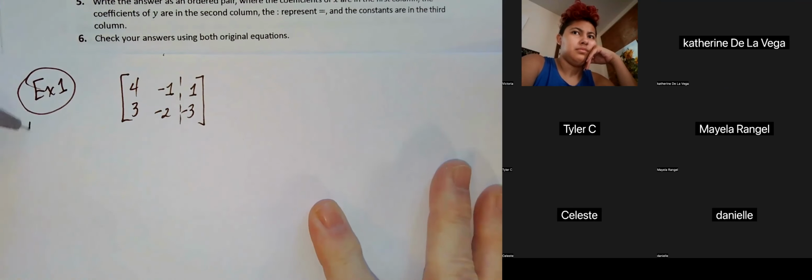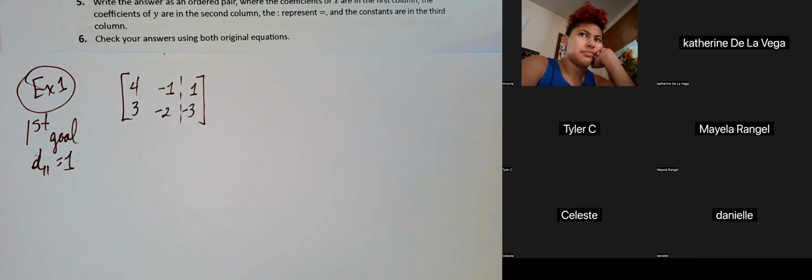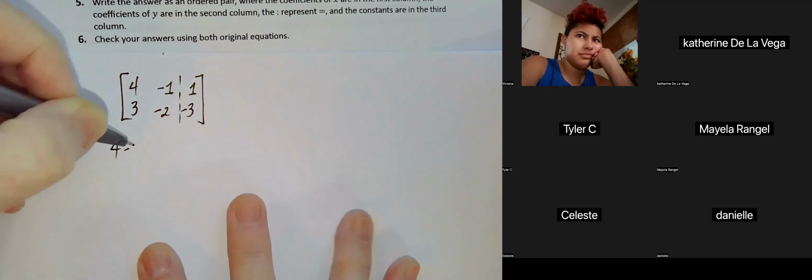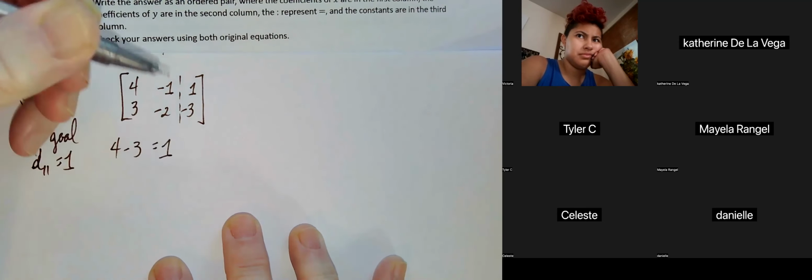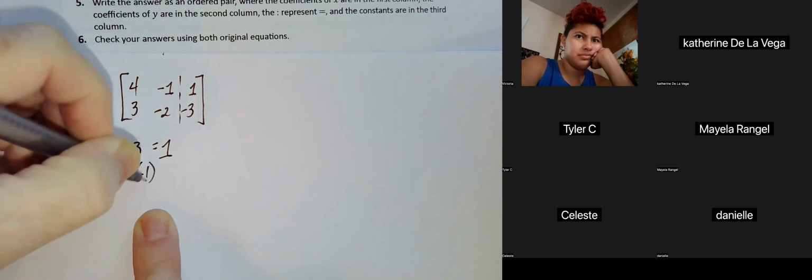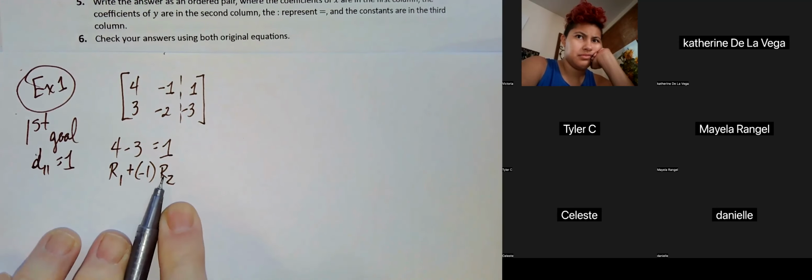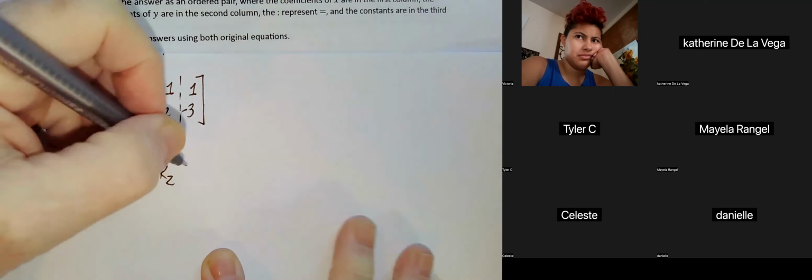If our first goal is to have D11 equal to 1, you can subtract. Absolutely. If we did -3, 1, and we're going to do this by adding -1 times row 2 to row 1.